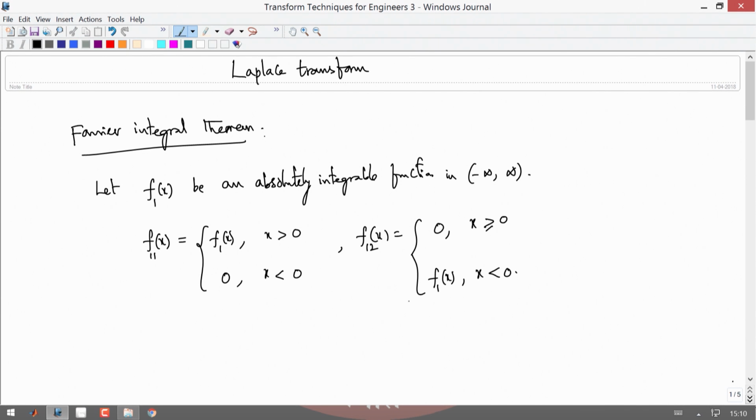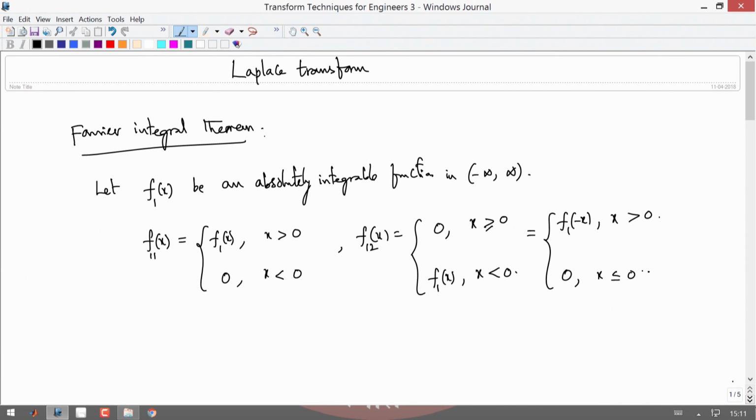If you want this to be defined for the positive side, in an equivalent way you can write it as 0 if x is negative, and f1 of minus x if x is positive.